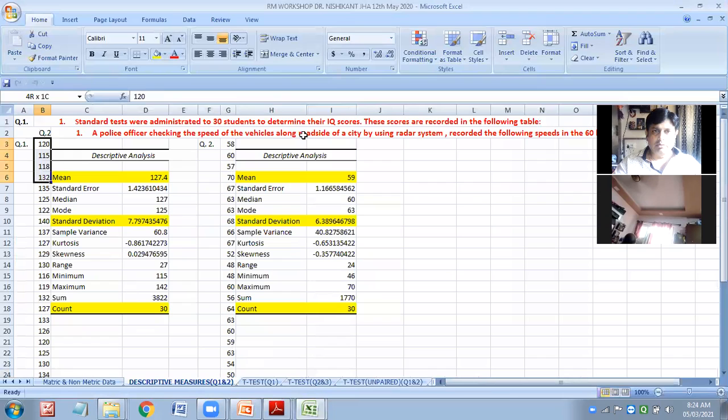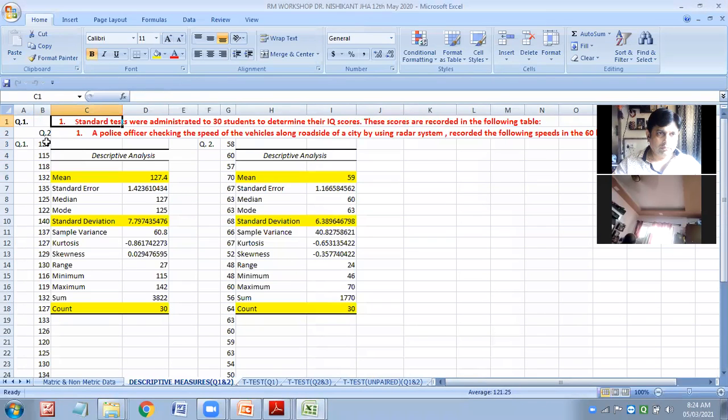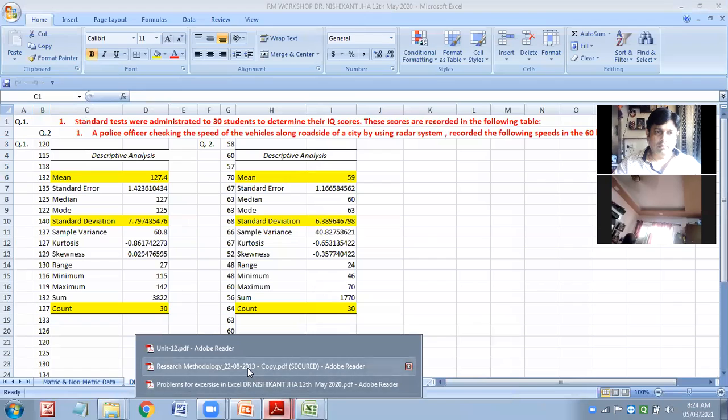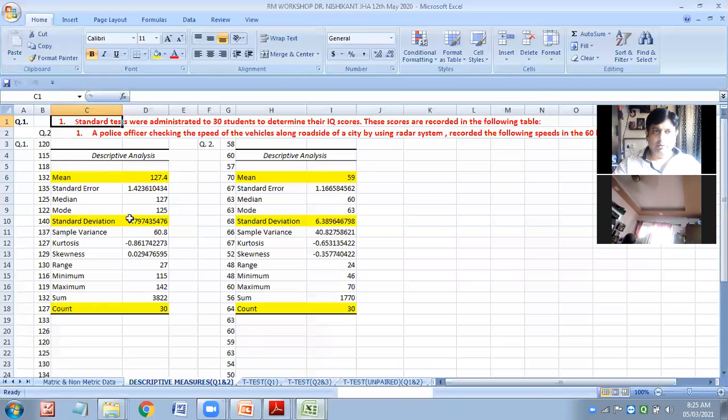This is question number 2. 30 students ka IQ score is given. 120, 115, 118, etc. I told you I'm going to help you. Aur ye saari cheezein ghar pe practice karni chalu kar do ab.